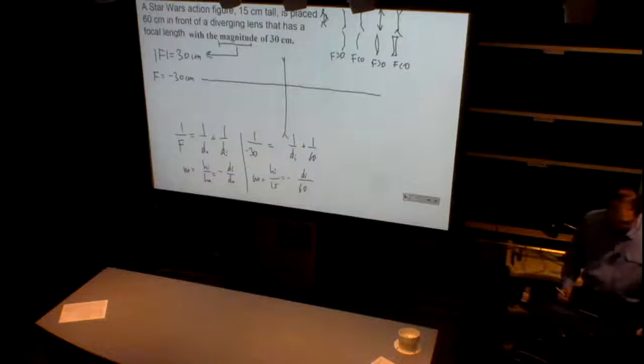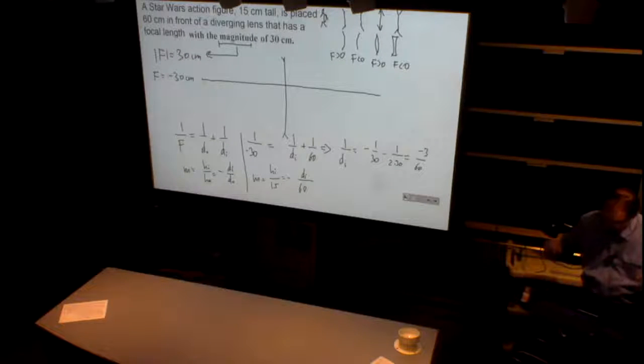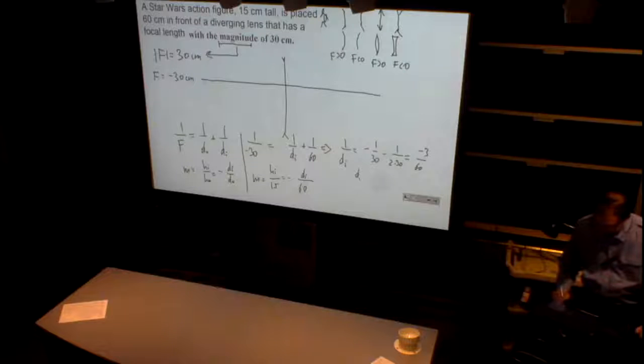All right. Well, we can solve it, right? The image distance has to be negative because for a virtual object it's always negative. Negative 1/30 minus 1/60, which is 2 times 30. So 60 is a common factor, 2, 3, 60. Now we have to flip it. 60 over 3, 20.